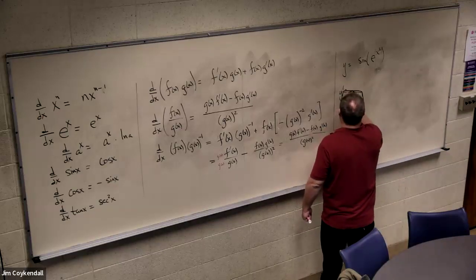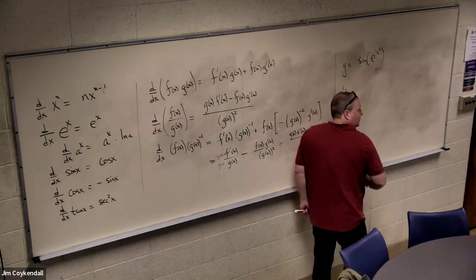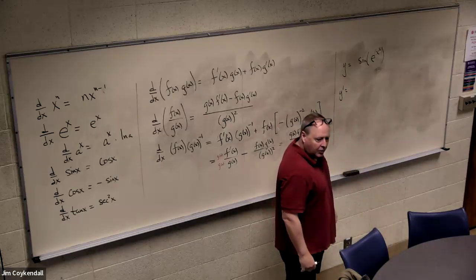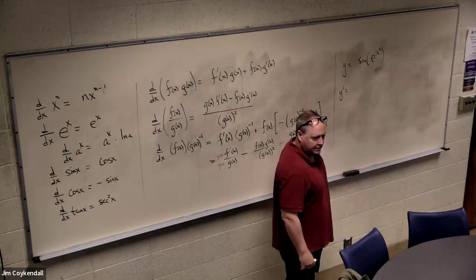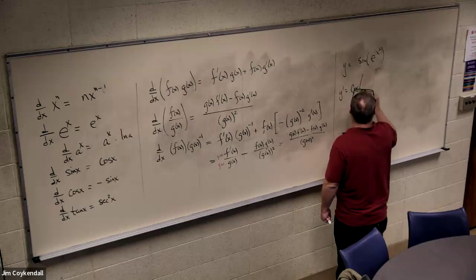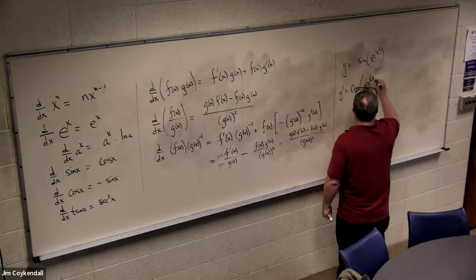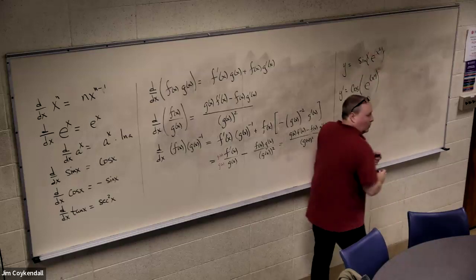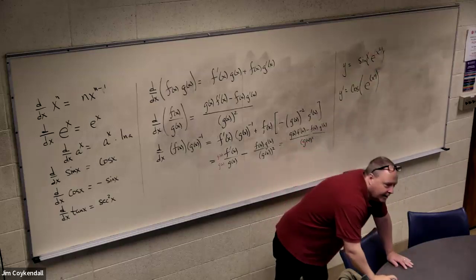The first thing I come to is sine of block. What's the derivative of sine of block? Cosine. So there we go. And I work my way inside the parentheses.